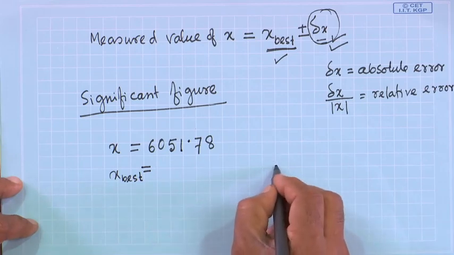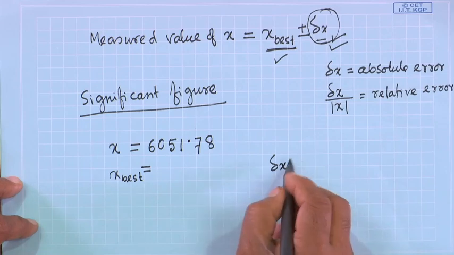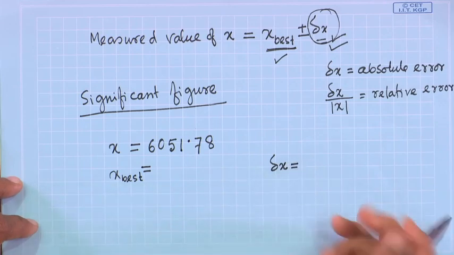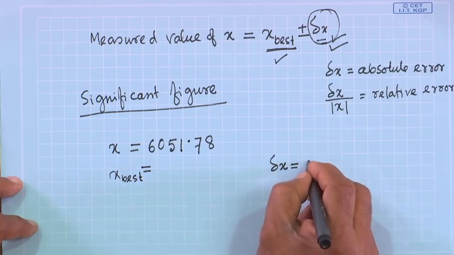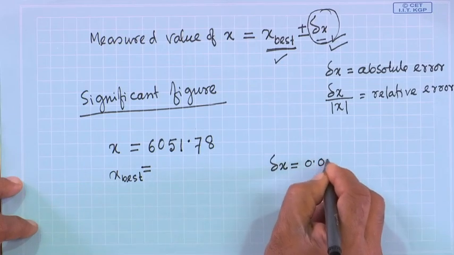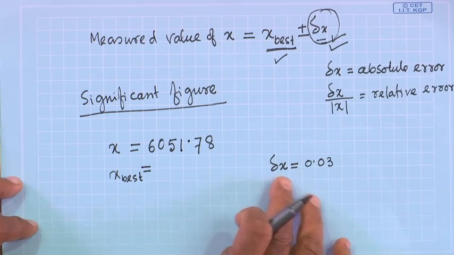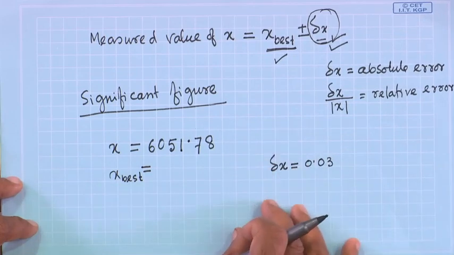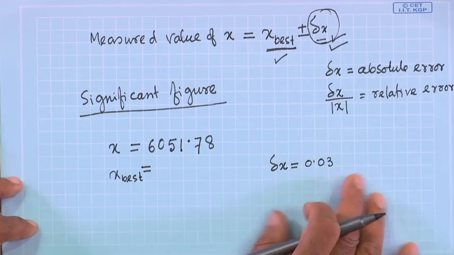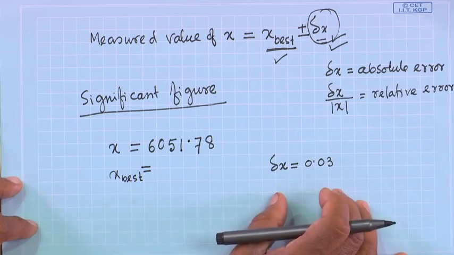That will depend on this delta x. Okay. So, if delta x is say 0.03. Okay. So, we will discuss later on how we decided this delta x equal to 0.03. So, that is the main part of this subject, error analysis.